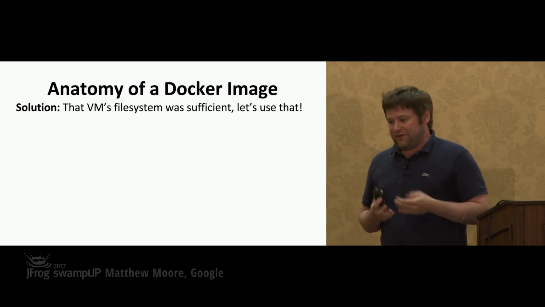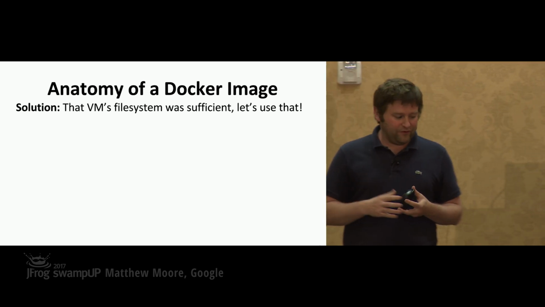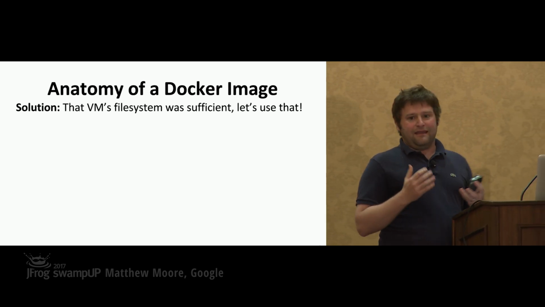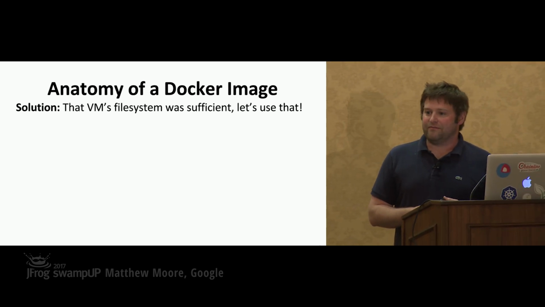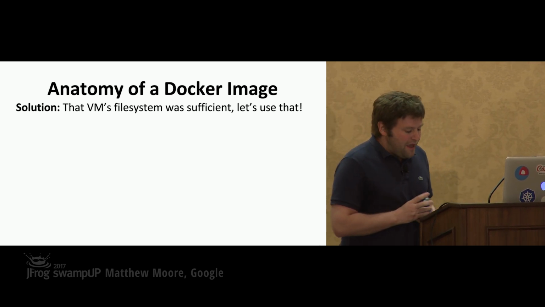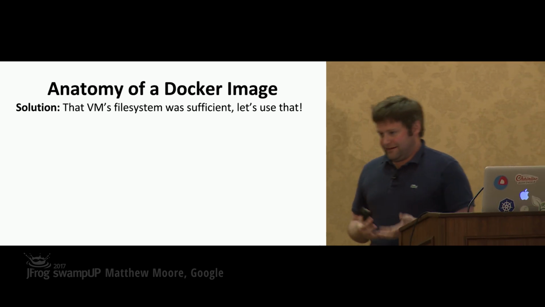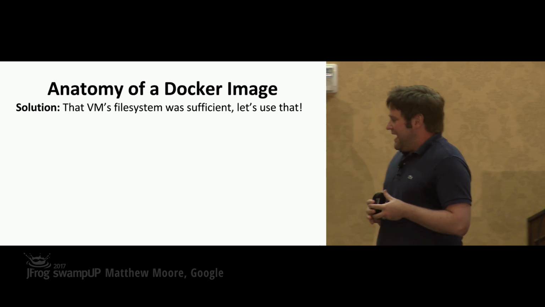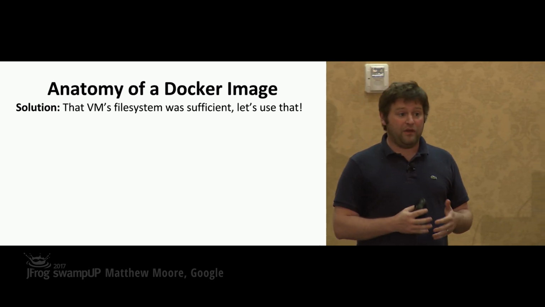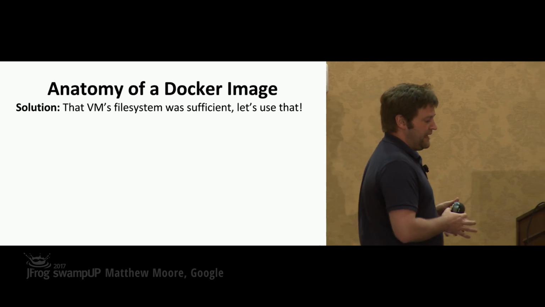So Docker came up with, I think that in certain respects, this is an incredibly elegant solution. They identified that, hey, that VM's file system was sufficient to run my service. Let's just stick all of that in the tree. As a former compiler guy, I told you I was going to leak through, I like to think of this as statically linking your app at the distro level as opposed to the language level.